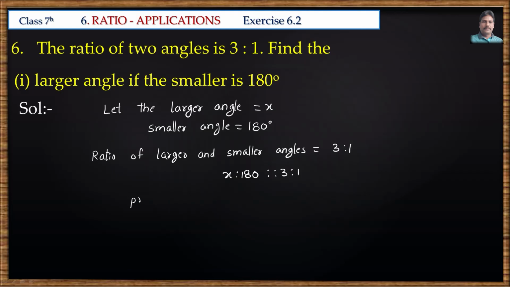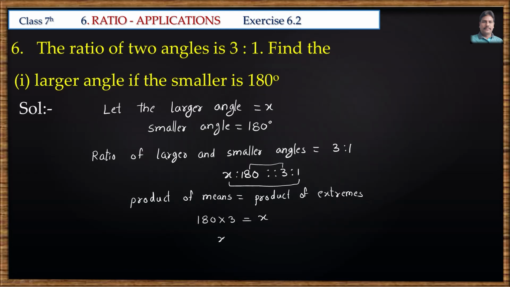We know that the product of means is equal to product of extremes. The means are 180 and 3. So 180 into 3 is equal to the extremes, x and 1. So x into 1 becomes x.